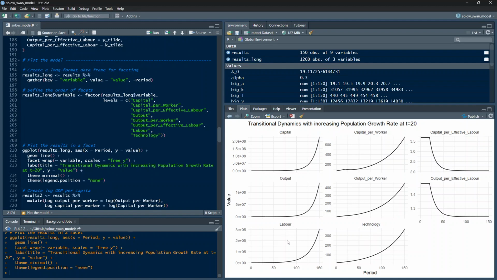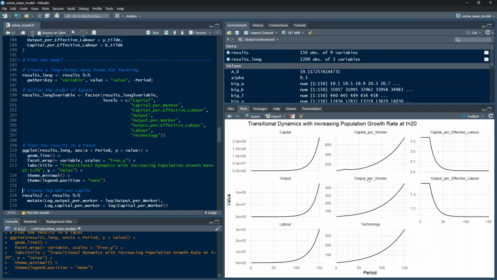Firstly, in the labor graph on the bottom left, we see that the curve is actually steeper than it was before, of course because we now have a labor growth rate that is 5 times what it was previously, at least from period 20 onwards, which is quite near the start of our modeling. Capital and output both go up in this exponential fashion as we saw before.